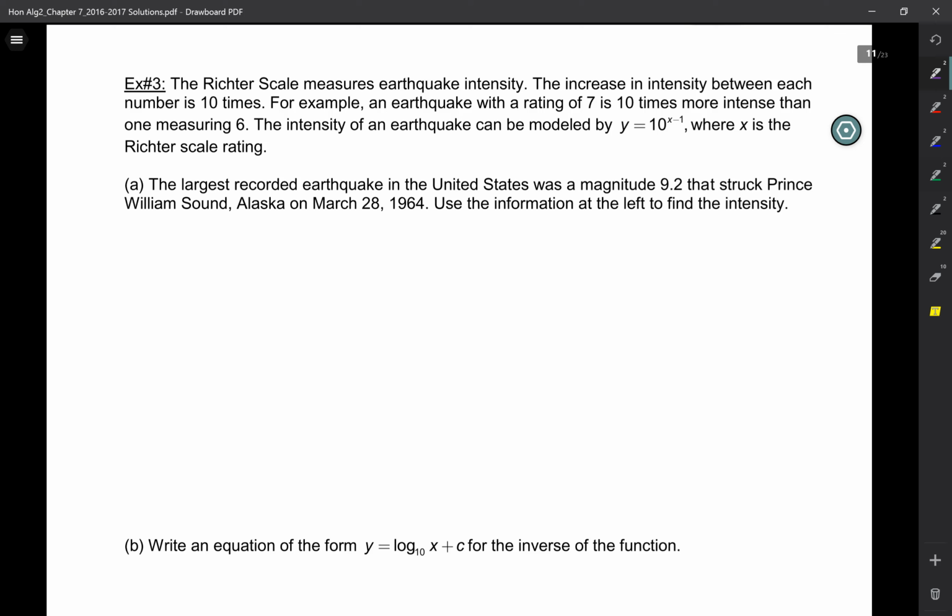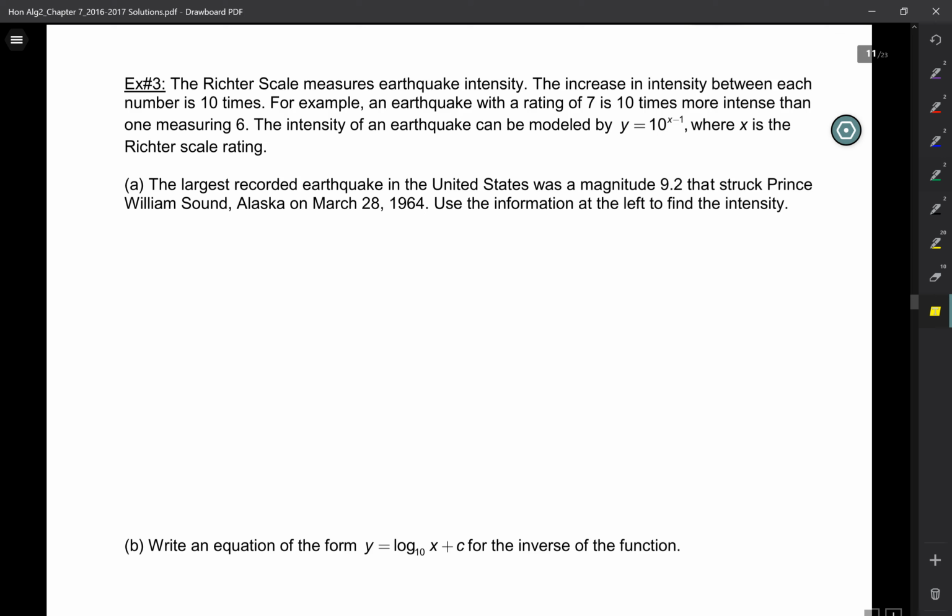In going from magnitude 4 to 5, the intensity is 10 times higher. If I go from 4 to 6, how much higher? 10 times 10, 100 times higher. So an earthquake with a rating of 7 is 10 times more intense than that of 6.